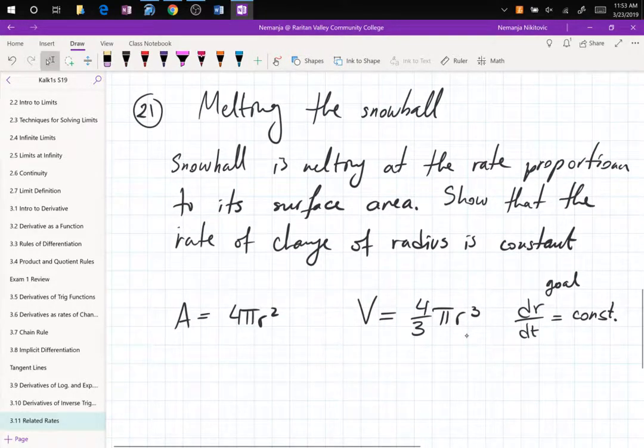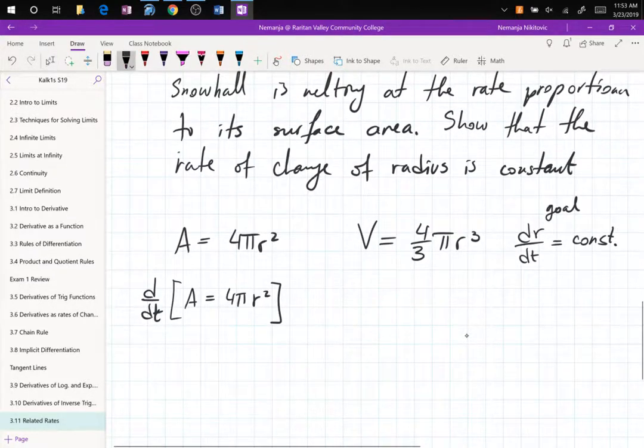Okay, let's see. The derivative with respect to time of our area equation is going to be dA dt is equal to, when I differentiate, I get 8 pi r dr dt.